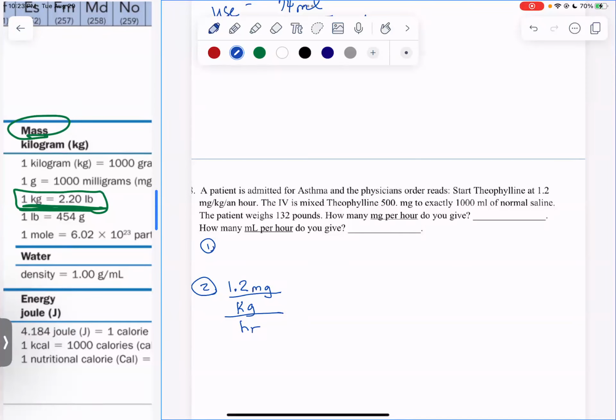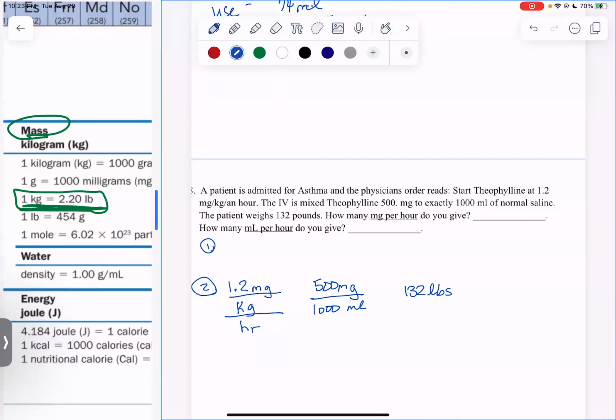And the IV is mixed, so you have 500 milligrams per 1,000 milliliters of saline. We know our patient weighs 132 pounds.